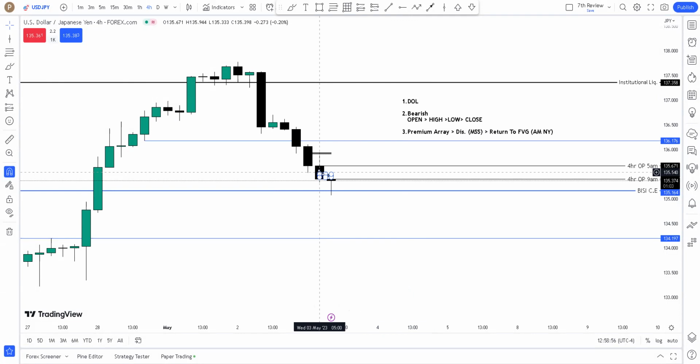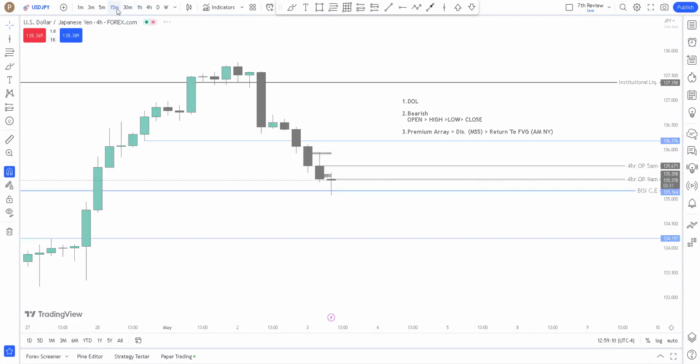So we have this 5 a.m. candle, and then we have the 9 a.m. candle. And bear in mind that we had high impact news coming through at 10 a.m. So I wasn't really having much expectations.